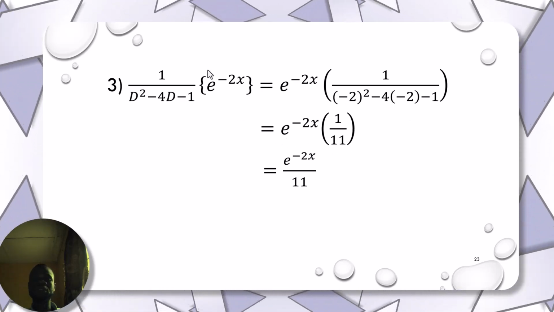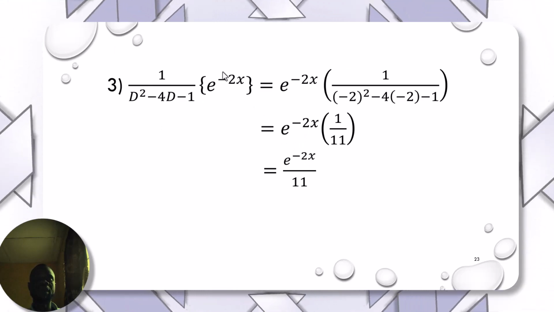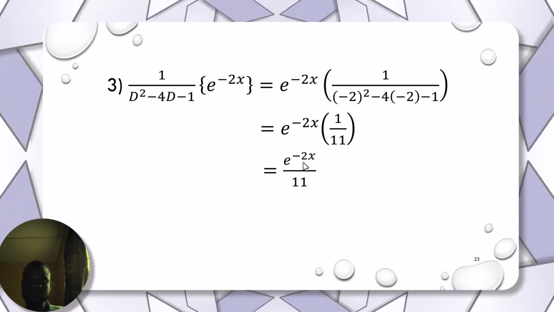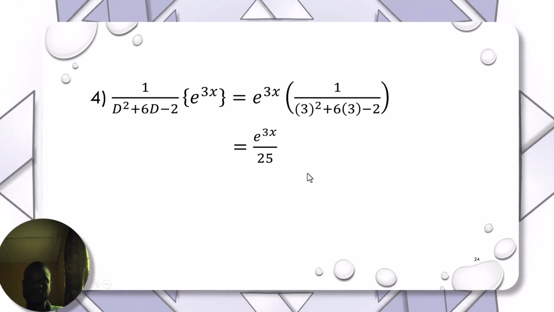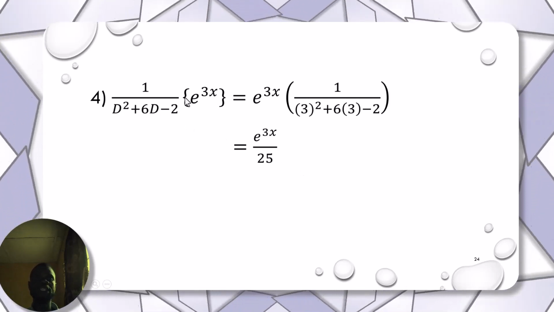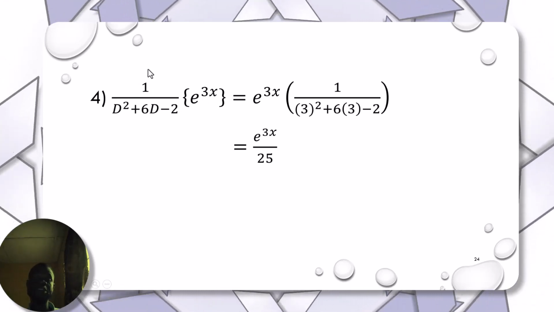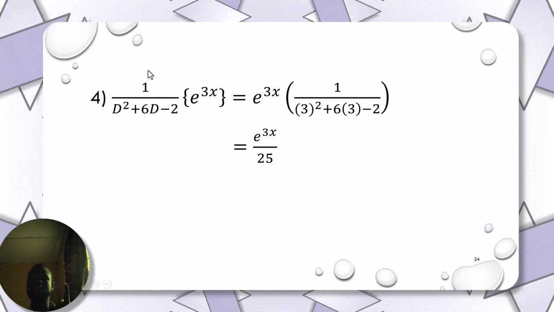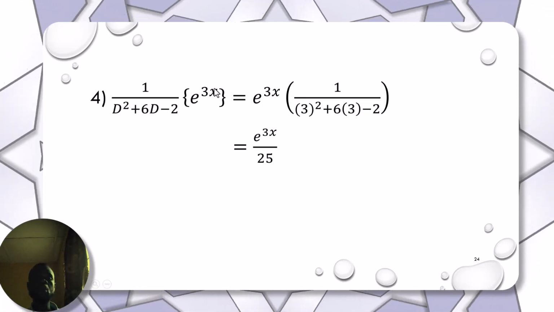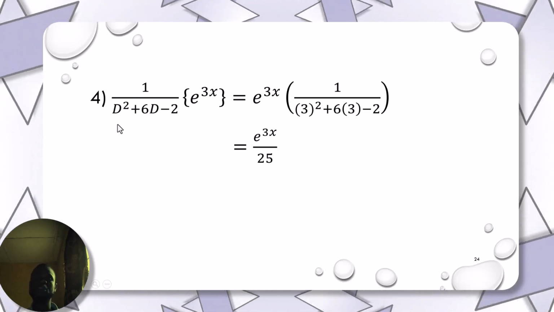So this function, after differentiating or applying theorem 1, gave me this. So this also is 1 all over this. But don't forget, whenever you have an inverse, it was supposed to be integration, right? But for this we have 1 all over, then differentiation, right?